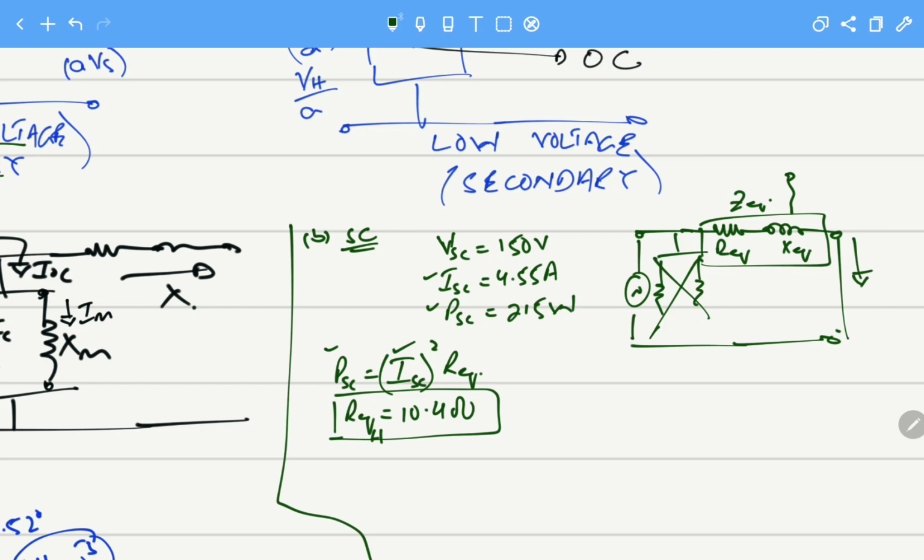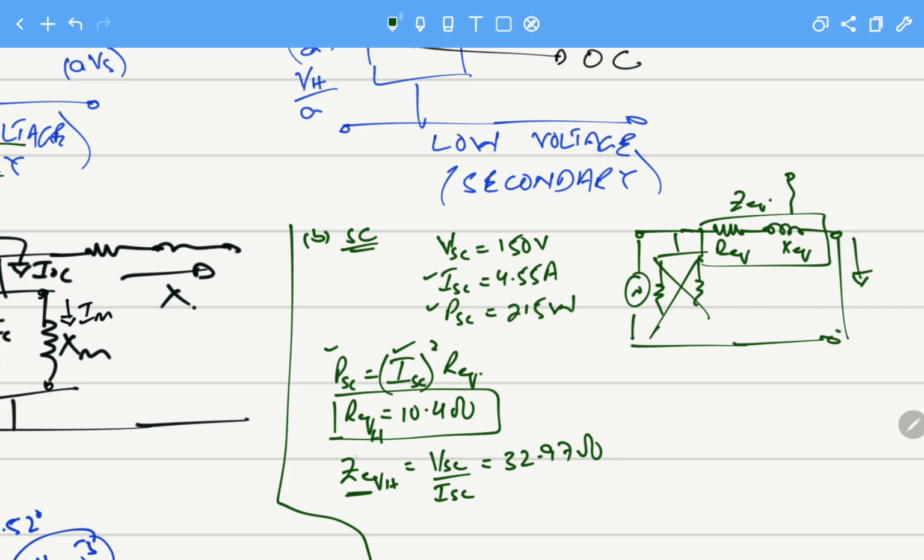And now to calculate the value of X equivalent, first we can calculate the value of Z equivalent. Z equivalent at high, we see our I short circuit, this is 32.97 ohms.